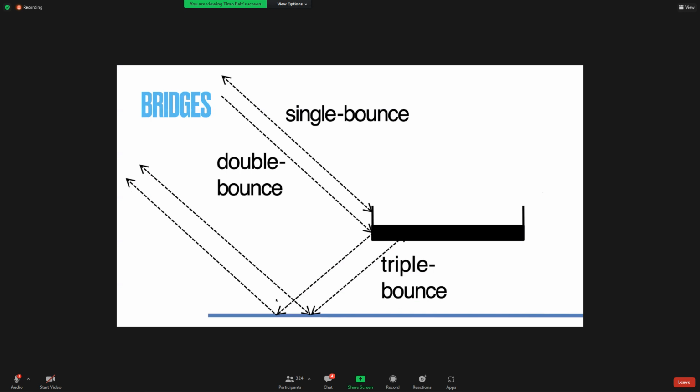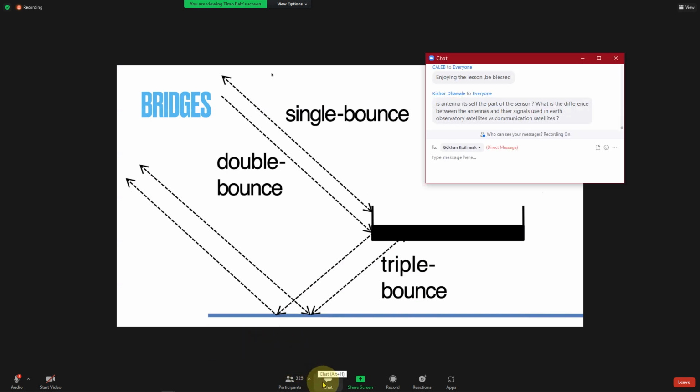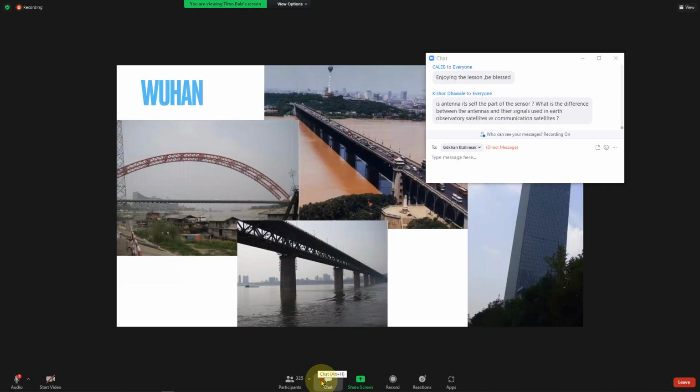The double bounce from here to here to here is always the same distance as the single bounce here, which is to say the double bounce at the end will be at the precise position of the bridge, and you can always use that to identify the true position of the bridge or a building. Okay, let's take a look.